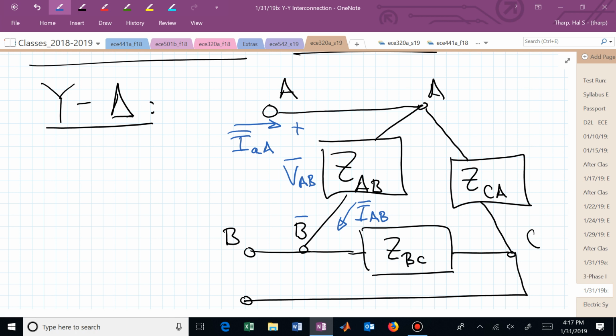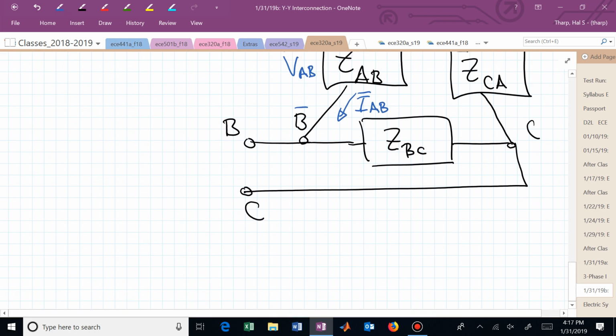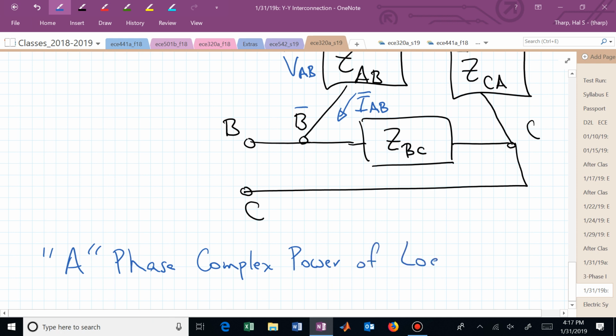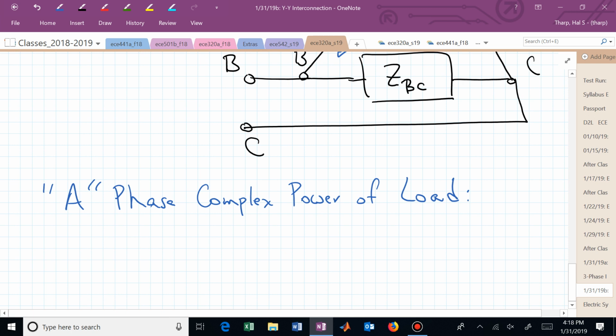So now if I wanted to compute the A phase complex power of the load, this is now for a delta load configuration.